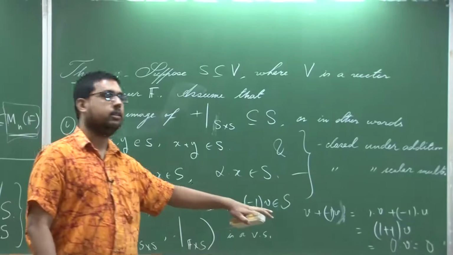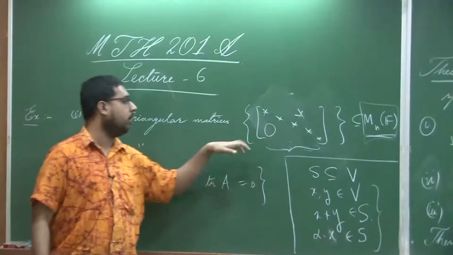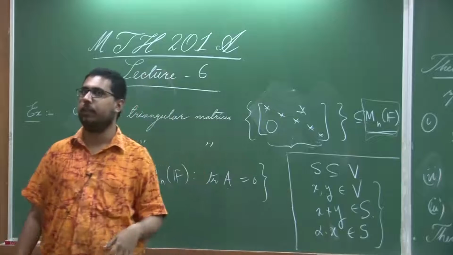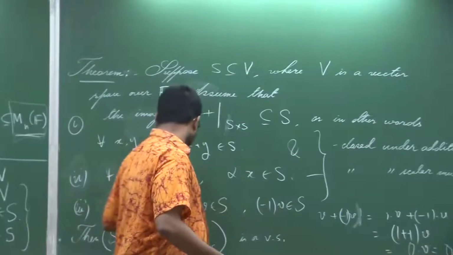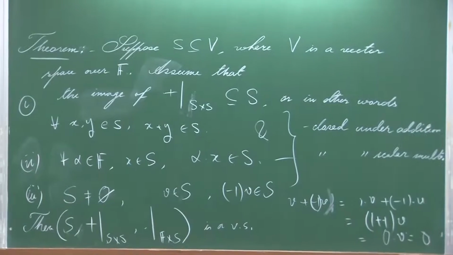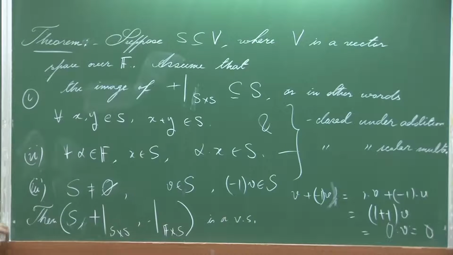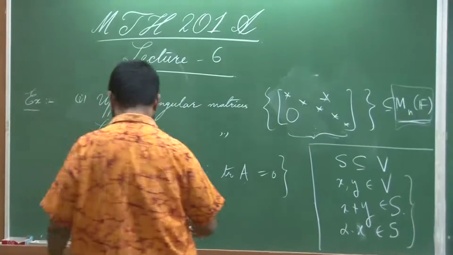In fact, the proof is exactly similar to the proof that this collection is a vector space over F. First, non-emptiness implies 0 is there, and the rest of the properties simply follow from those of V. The argument is exactly the same as the one we used to establish that this collection or that collection is a vector space. Okay, so we will go ahead.